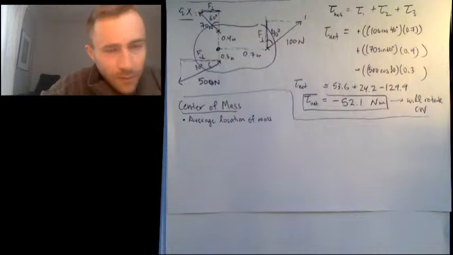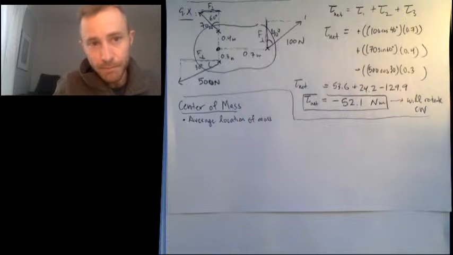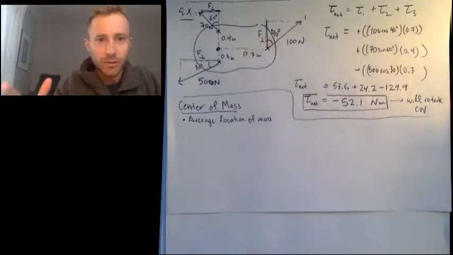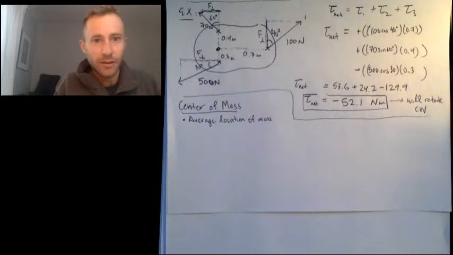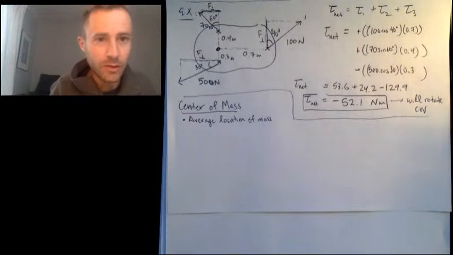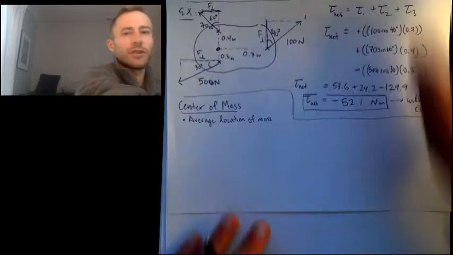If the object is very symmetrical, if its weight distribution is symmetrical, then the center of mass will correspond with the geometric center. For example, if I have a piece of paper, the mass is evenly distributed across it, so the center of mass is going to be the geometrical center of the piece of paper.